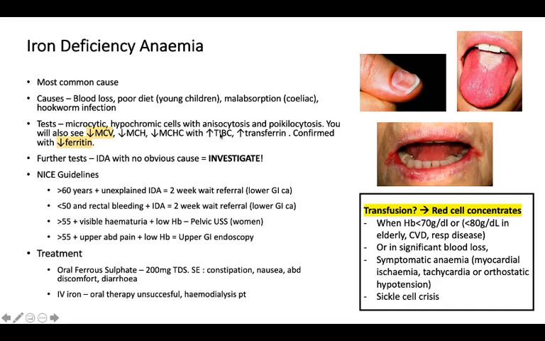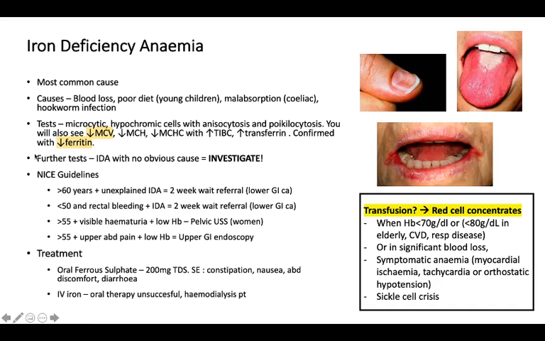So the total iron binding capacity, which will be increased in iron deficiency states, because the body knows that there isn't enough iron, so it tries to increase the body's ability to hold on to iron. Transferrin is an iron transport molecule, so this will also be increased.